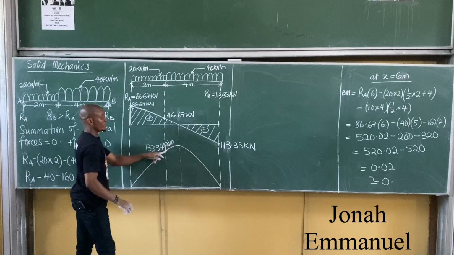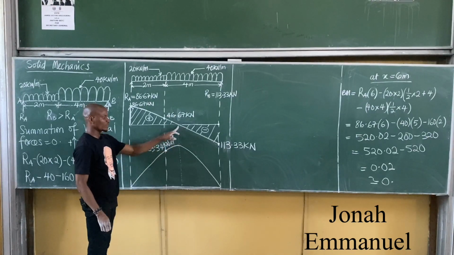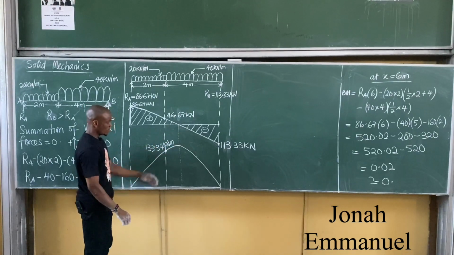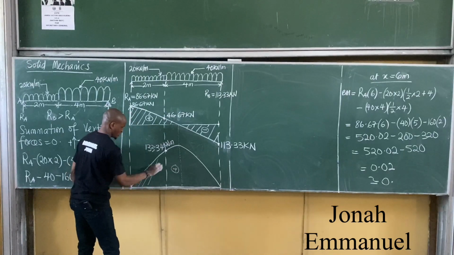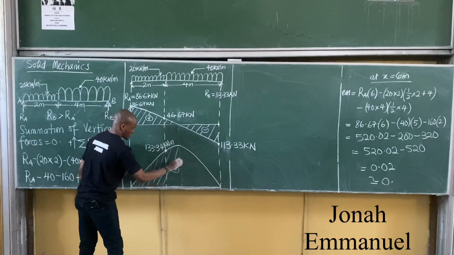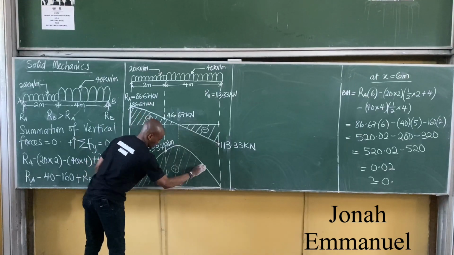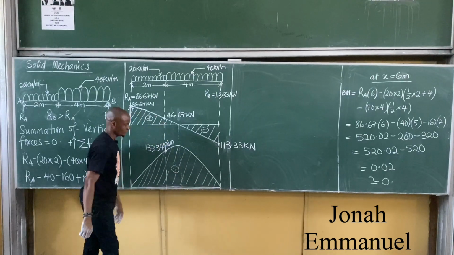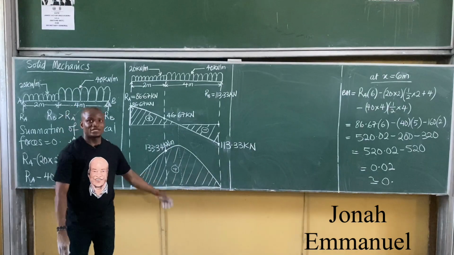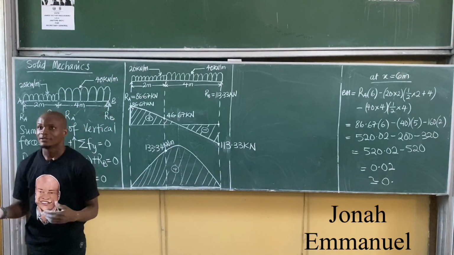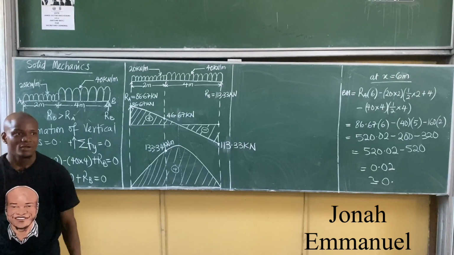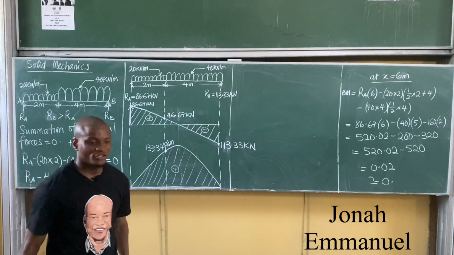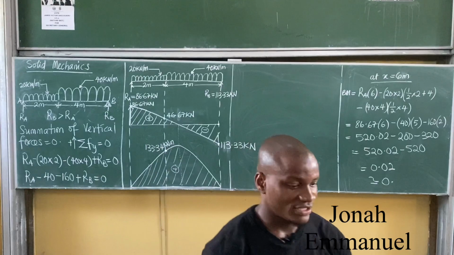But the maximum will always be where shear force is zero, of course above that, so positive. Alright, so that's your shear force and bending moment diagram. Ladies and gentlemen, can you follow? Yes. Let me show you before you go.